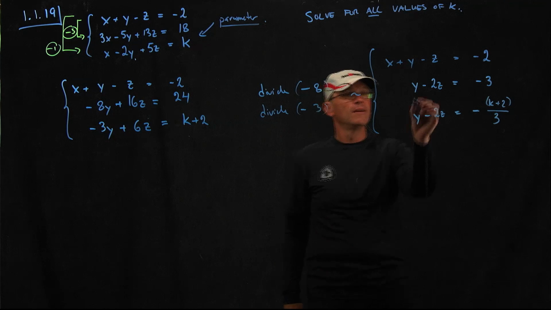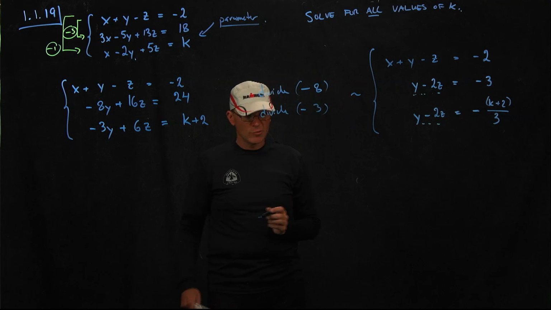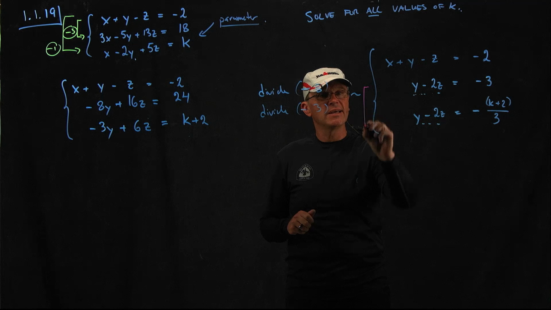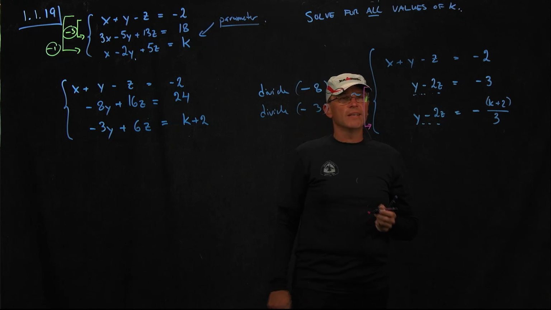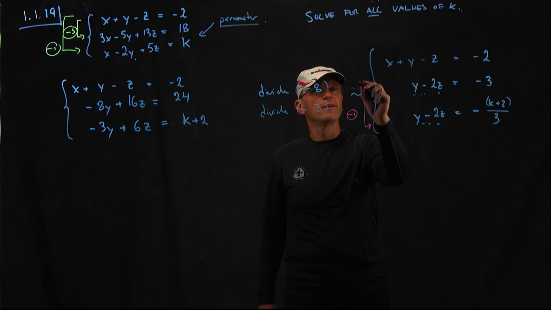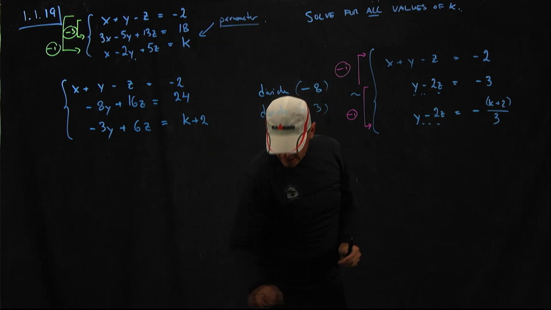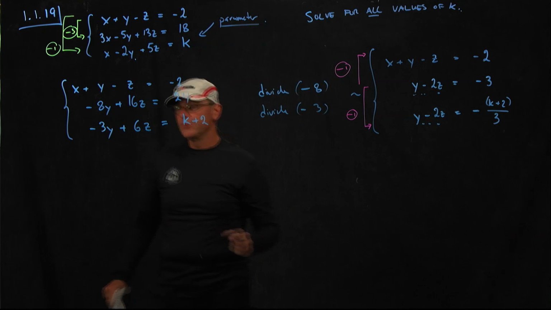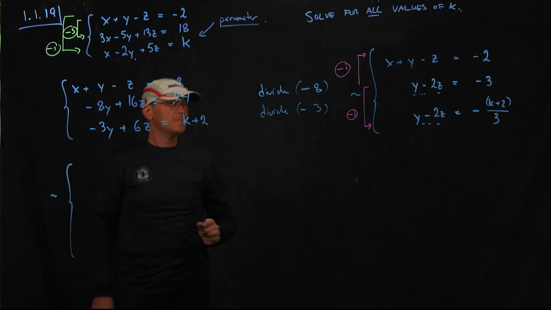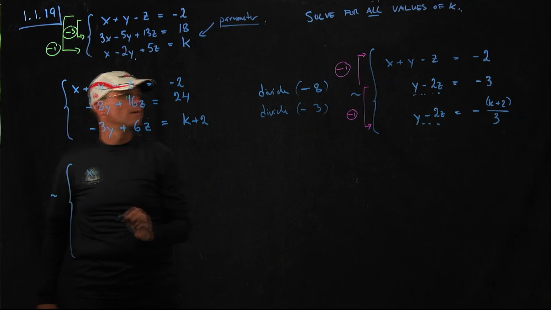Well, we see we have the same quantity here. So if we play our usual game, right, then we will take the second equation, we will subtract it from the third, and we will subtract it from the first. So let's go ahead and do that. So then we have x.